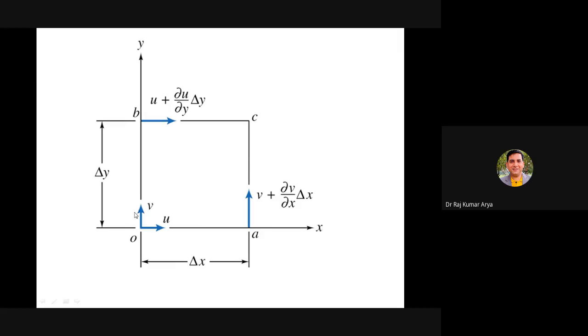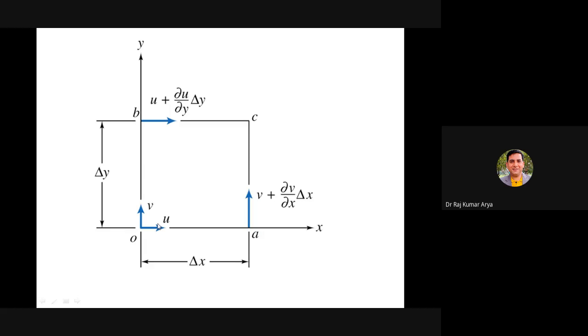Same way for the v component on this side. So you can find the magnitude of u. Can you understand why this u is changing with respect to y? Because u is moving in this direction, so the plane of u is y. So u velocity would change with respect to the y coordinate.